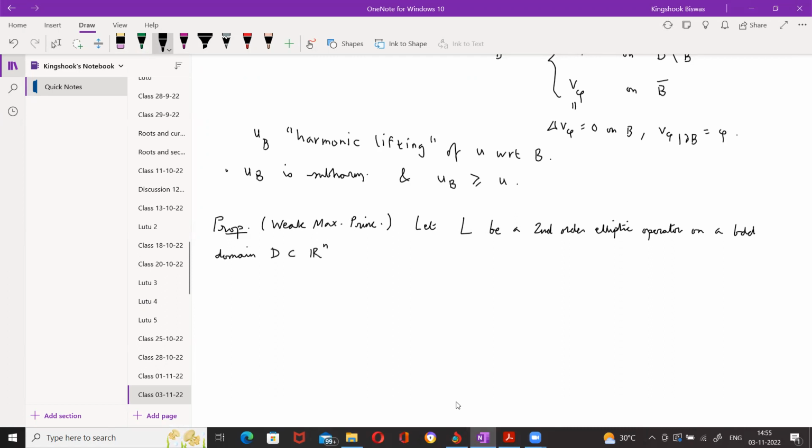Okay. And I think we only need the coefficients to be continuous. So yeah, just continuous coefficients is enough. So we don't even need smooth coefficients.